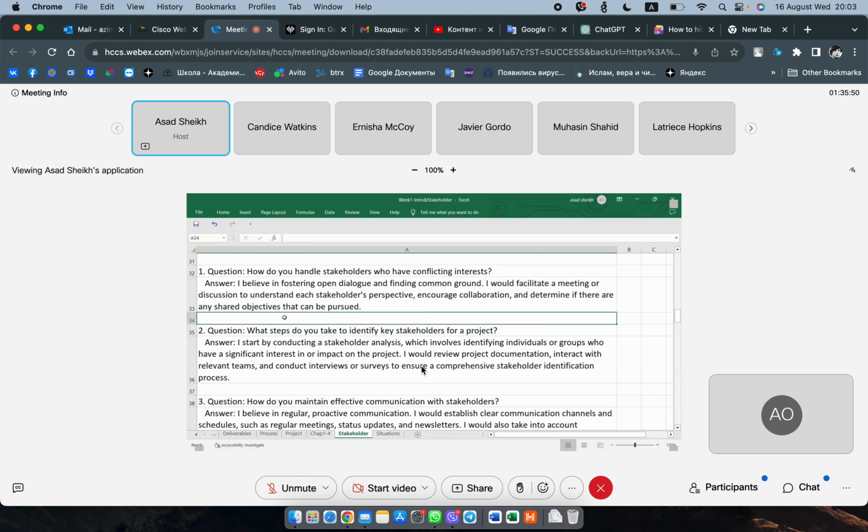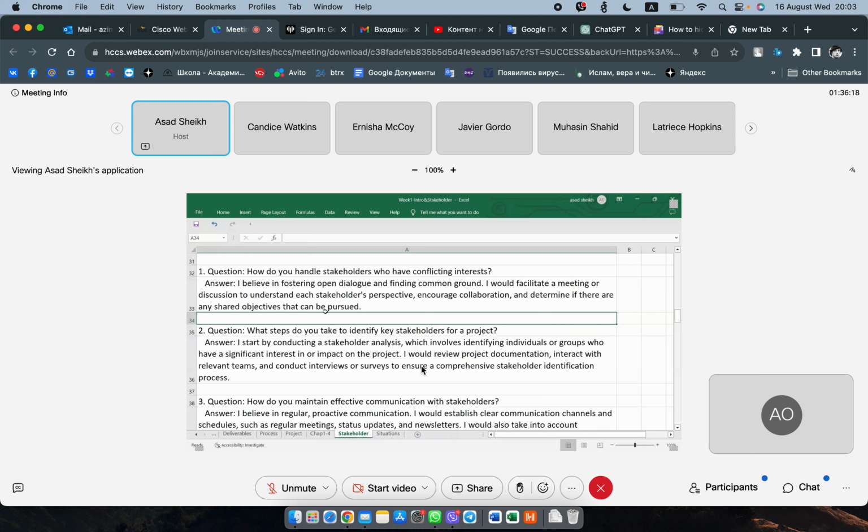How do you handle stakeholders who have different conflicts, right? If they come up with different features, different requirements, or they argue with each other, how would you handle that situation? I believe in fostering open dialogue and finding common ground. I would facilitate a meeting or discussion to understand each stakeholder's perspective, encourage collaboration, and determine if there are any shared objectives that can be pursued.